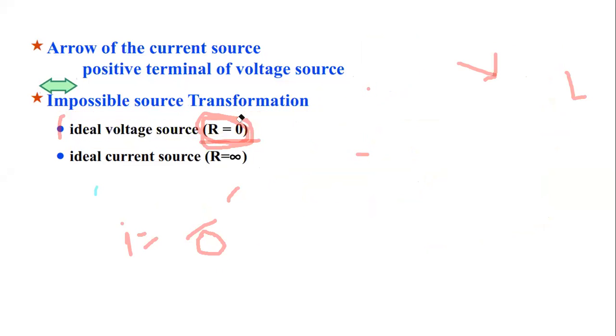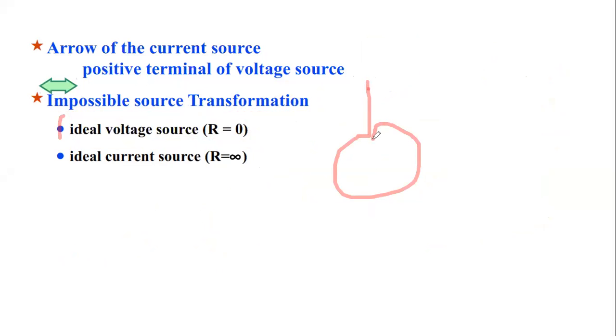Then this was about the voltage source. Now again, if you go for a current source, then with a current source, the resistance is always connected in parallel. The internal resistance is connected in parallel.